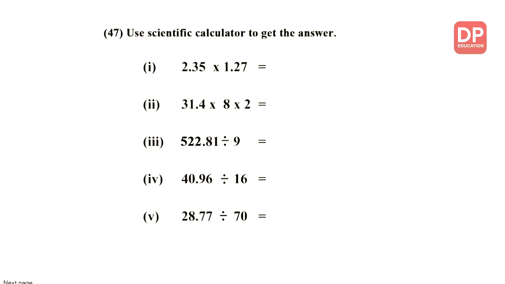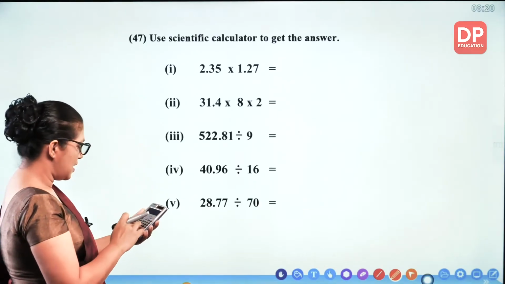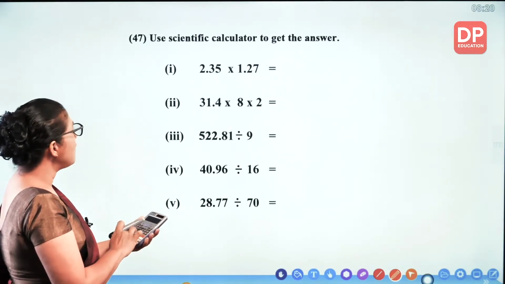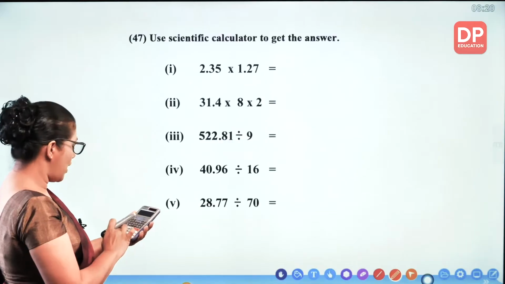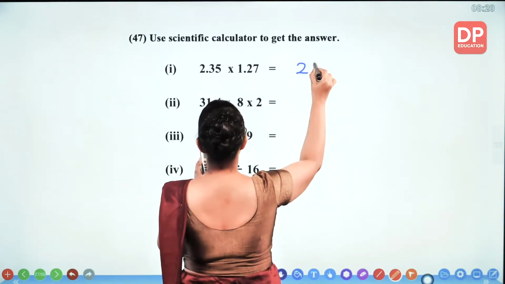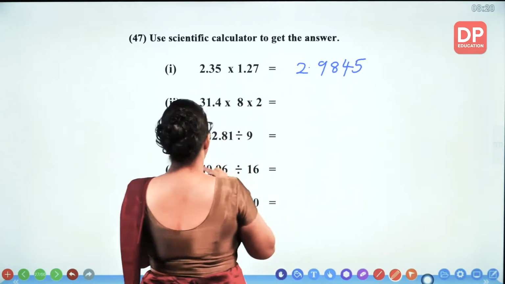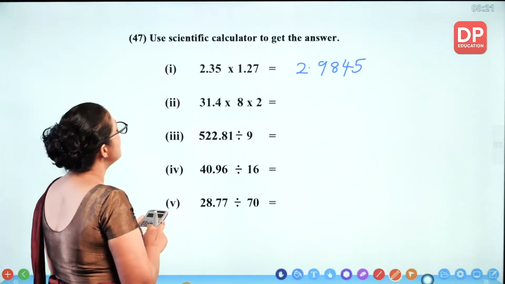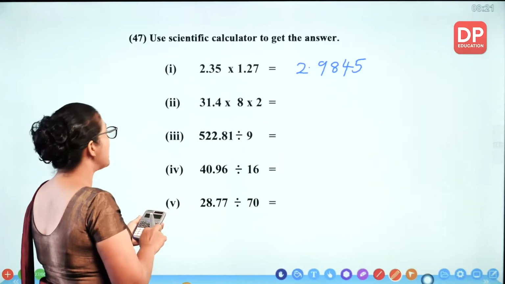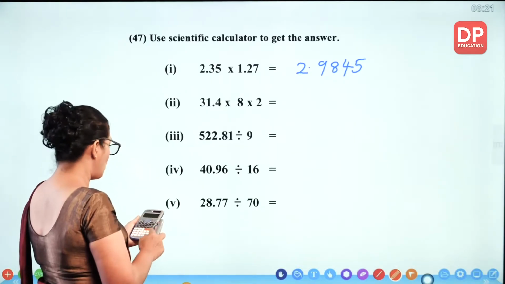Use scientific calculator to get these answers. So you don't need to show the keys. 2.35 multiplied by 1.27. You get 2.9845. Next one, 31.4 multiplied by 8 multiplied by 2.